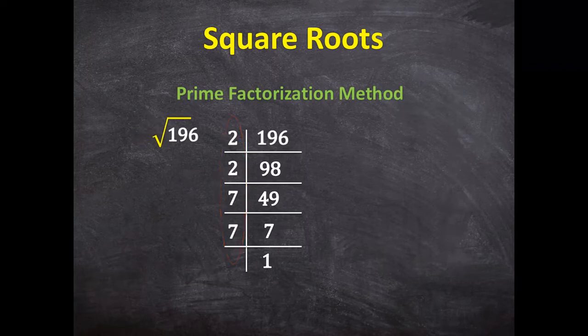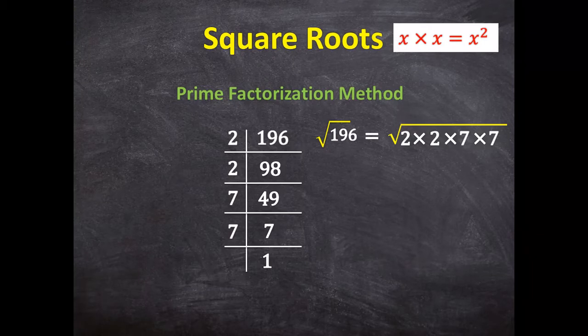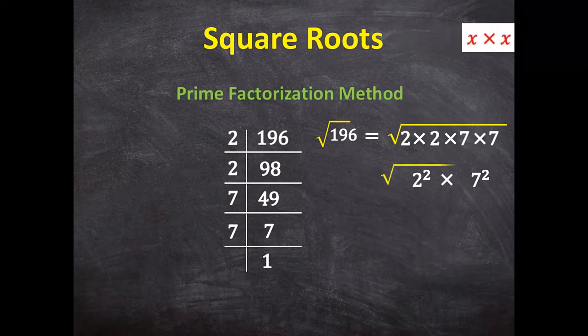Next, we replace 196 with its prime factors inside the root like this. Next, we make a pair of the same factors and write them in squared form. Squared form means like x times x equals x squared. Similarly, 2 times 2 equals 2 squared and 7 times 7 equals 7 squared.